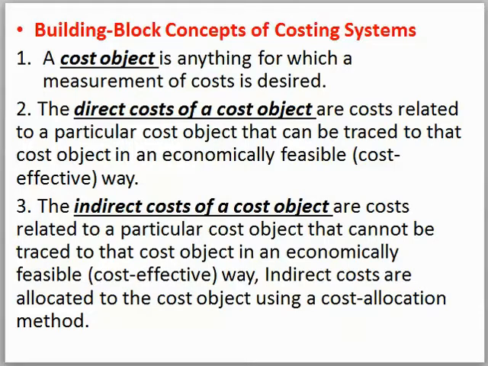But the indirect costs of a cost object are the costs related to a particular cost object that can't be traced easily to that cost object in an economically feasible, cost-effective way. So the indirect costs are allocated instead of traced. So the indirect costs are allocated to the cost object using a cost allocation method.